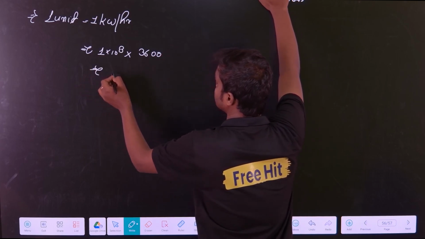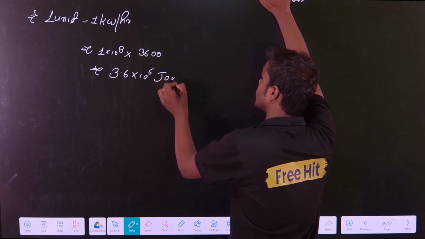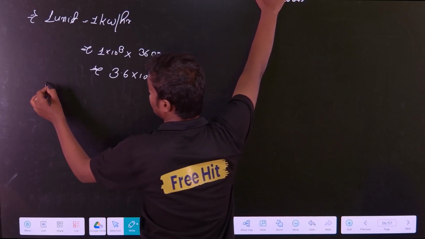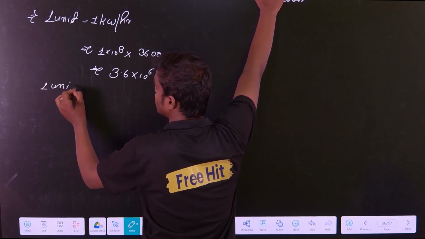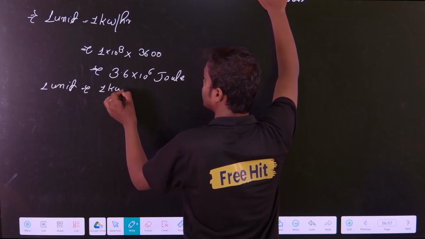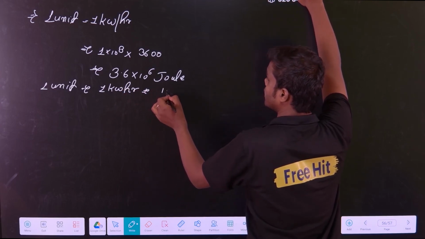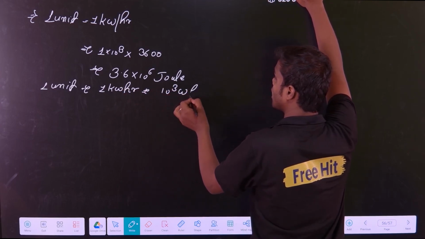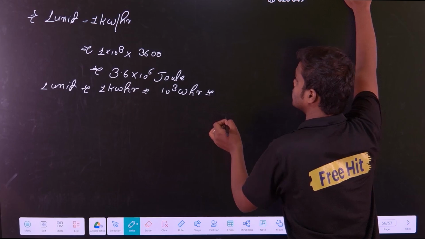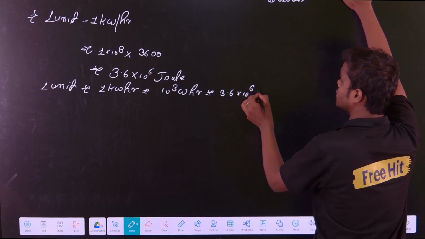If you do this, you will get 3.6 into 10 to the power 6 joule. So remember, 1 unit is equal to 1 kilowatt hour, that is equal to 10 to the power 3 watt hour, that is equal to 3.6 into 10 to the power 6 joule.